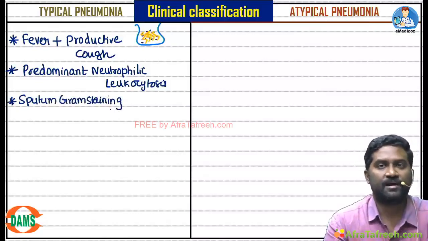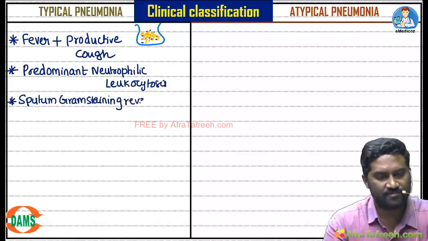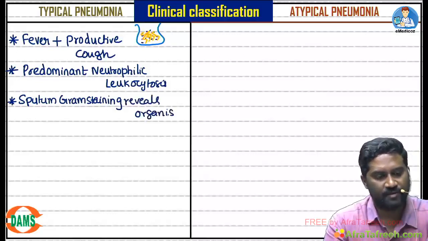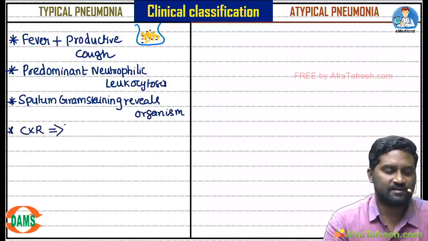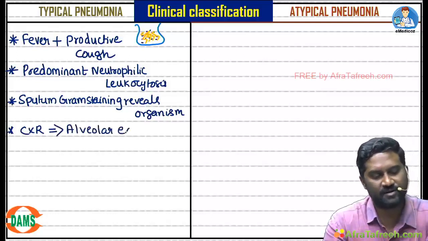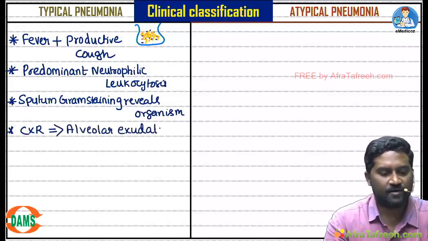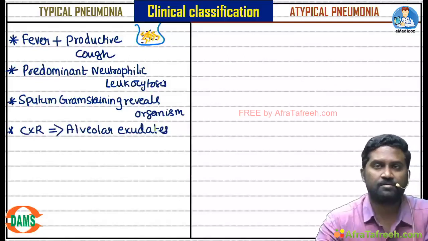This sputum gram staining reveals organisms. You can see organisms under the microscope. If you take a chest X-ray, all these alveolar secretions can be seen as alveolar exudates, a consolidatory pattern. This is how a routine pneumonia presents.